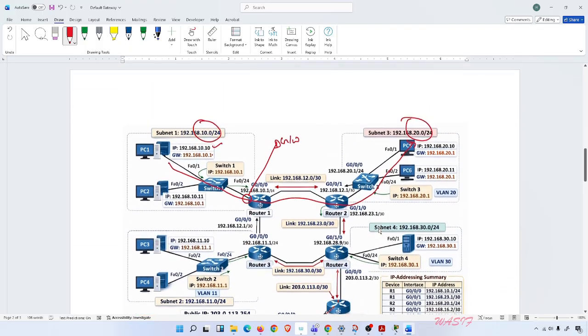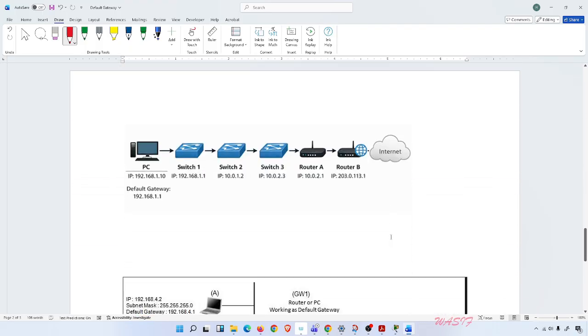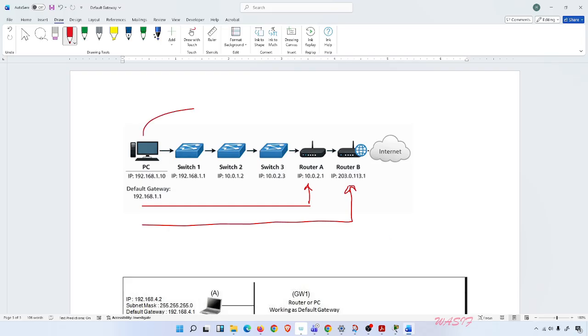A few questions will come. Now look at here. This PC is connected to this router, and also to this router as well, you could say, because they're in the same line. However, this PC only knows about this router. He has no idea who this other router is, okay?